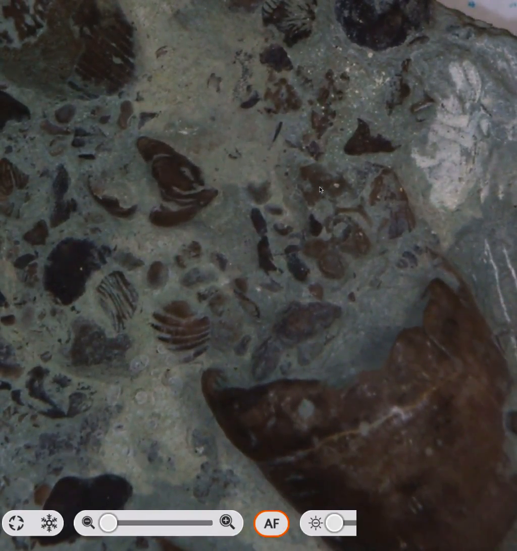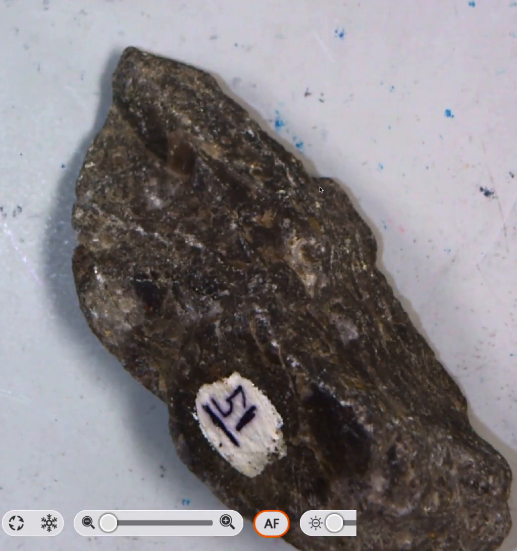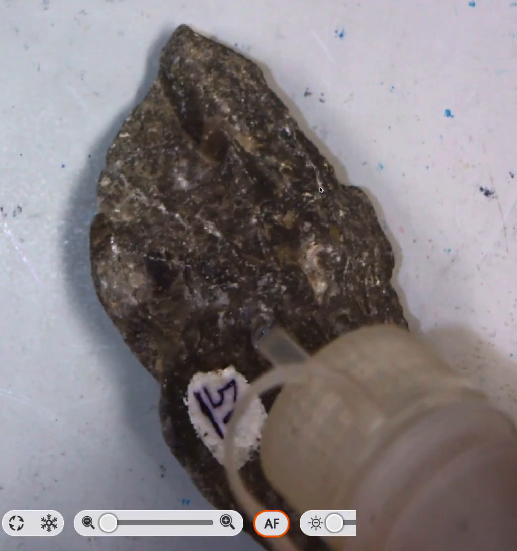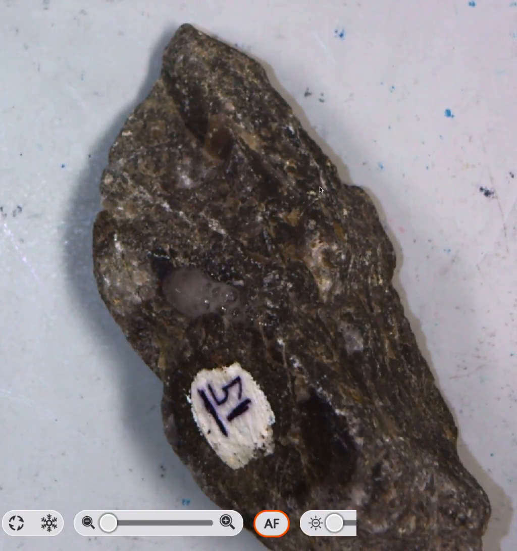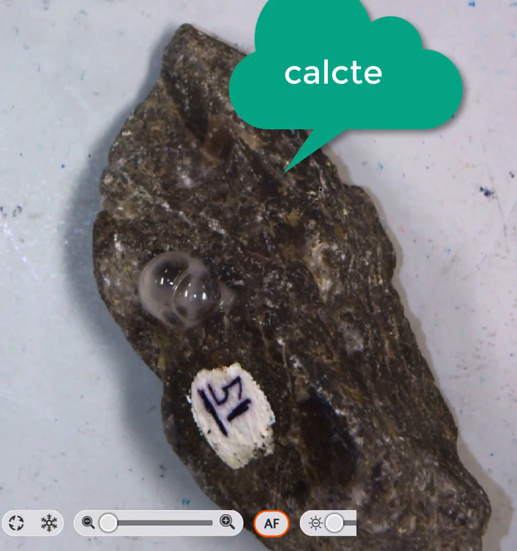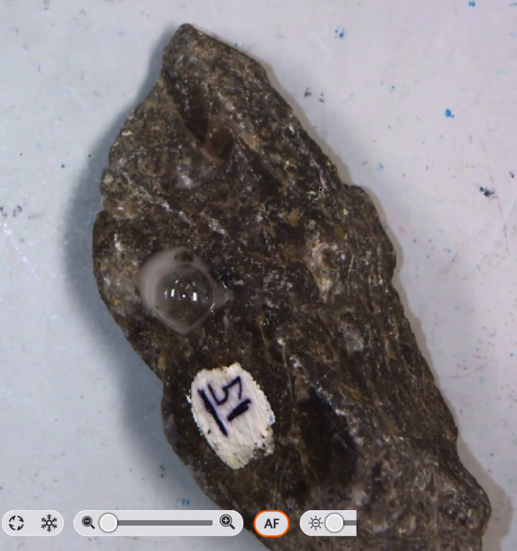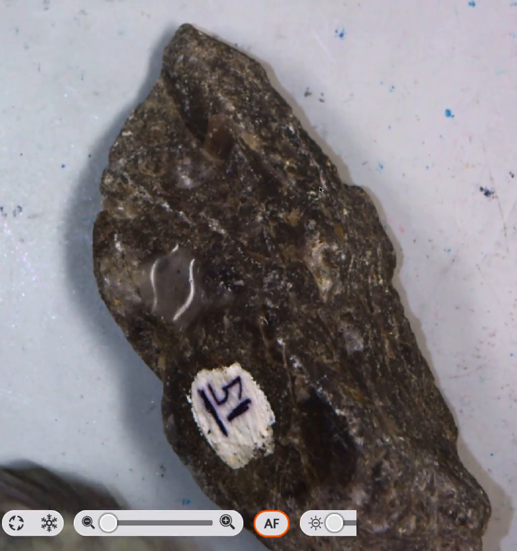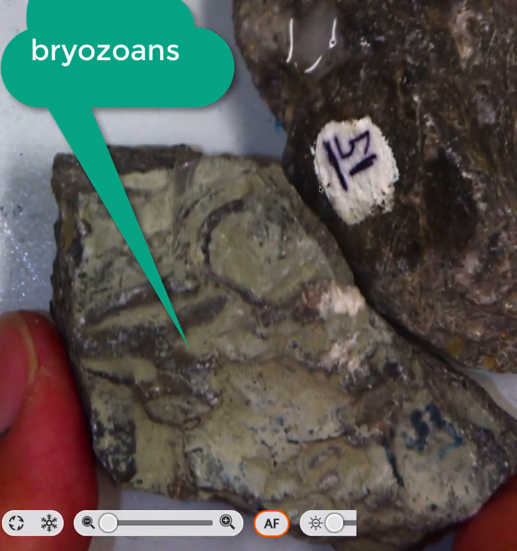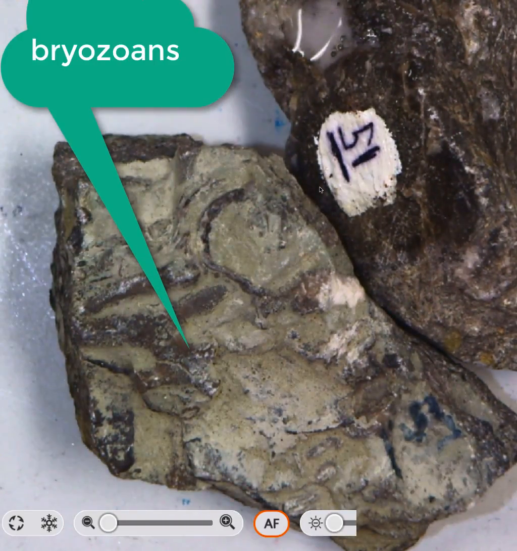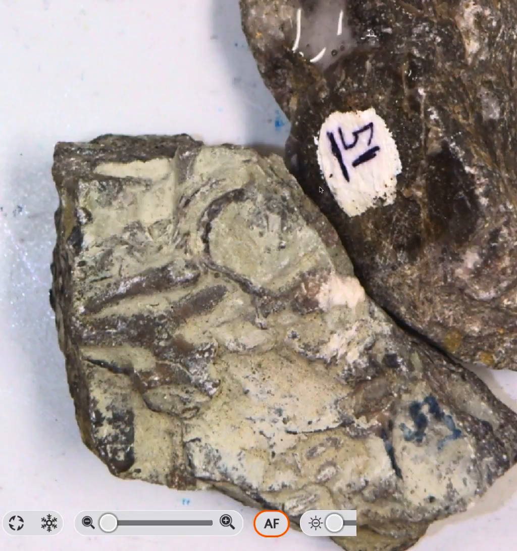Another thing we can test for sample 51, we'll bring our original sample back here. If we put a little bit of hydrochloric acid on it, you'll see that it has a reaction, which means it's composed of calcite. So the composition of this rock is calcite. It has fossils. Another thing I noticed about this rock, and we'll put another sample up here with some bryozoan fossils in it, the little bryozoans, is that this sample is not very porous.